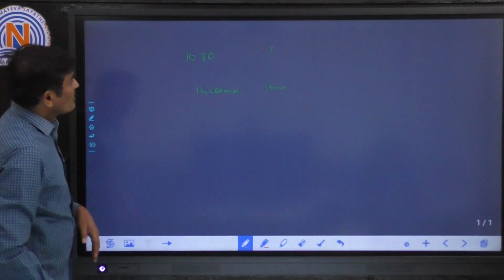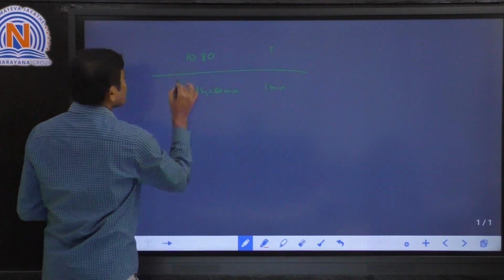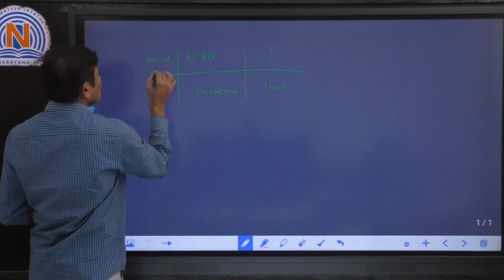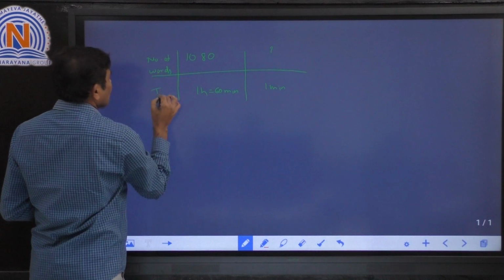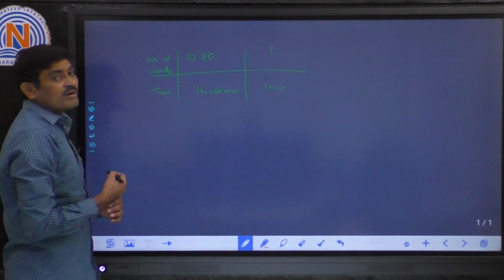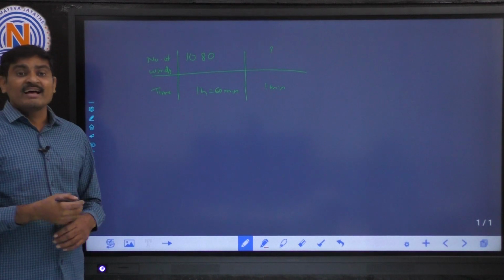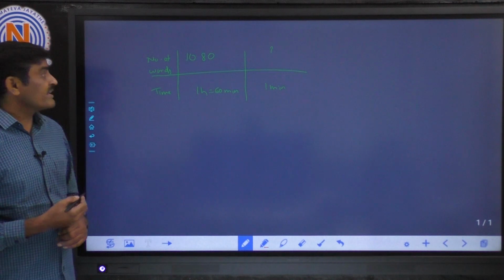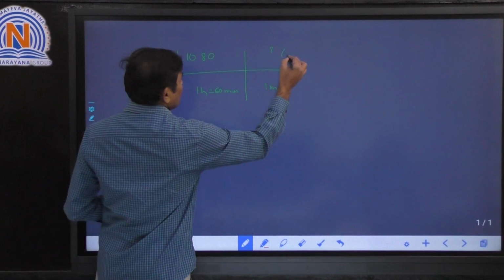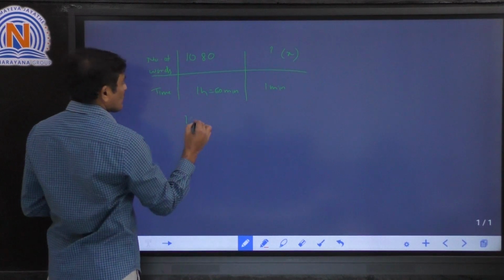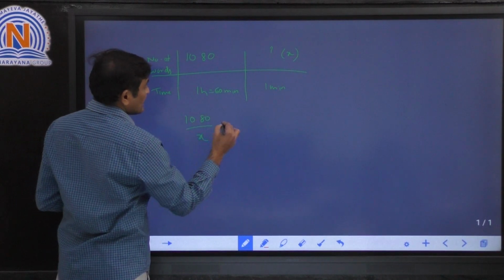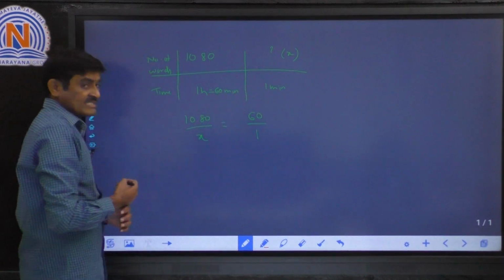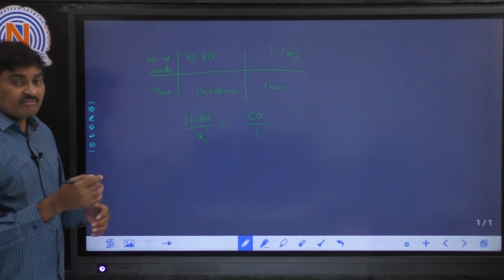Here the number of words and time are always in direct variation. We can write the number of words as x. So 1080 by x is equal to 60 by 1. Both are in minutes: 1 hour means 60 minutes.